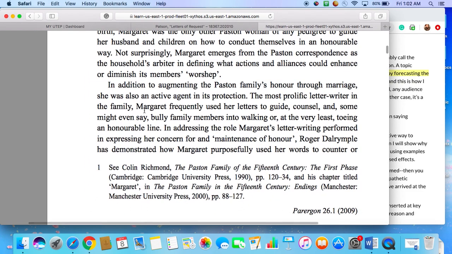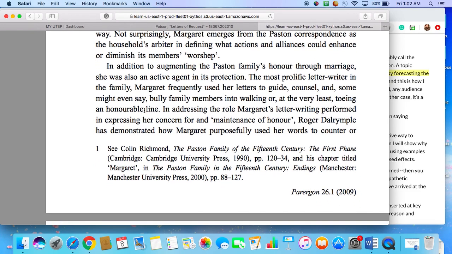In addition to augmenting the Pattenson family honor through marriage, she was also an active agent in its protection, the most prolific letter writer in the family. Margaret frequently used her letters to guide, counsel, and some might even say bully family members into walking, or at the very least toeing, an honorable line.